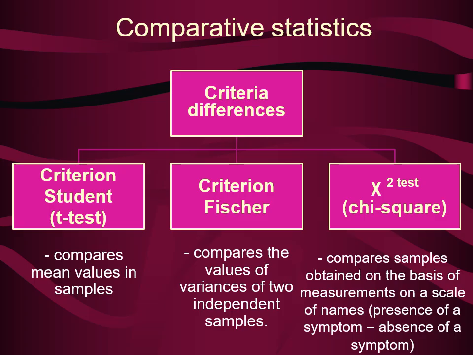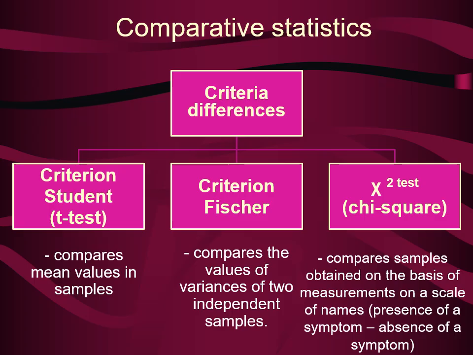It's one thing when we get, relatively speaking, the desired result, close to some value required for the norm, but in one group these will be dense values distributed around this norm, and in the other group, despite the fact that the average is the same, the spread will be large. That is, there will be large deviations far from the average. In such cases, another criterion of distinction is used, which is called the Fisher criterion.